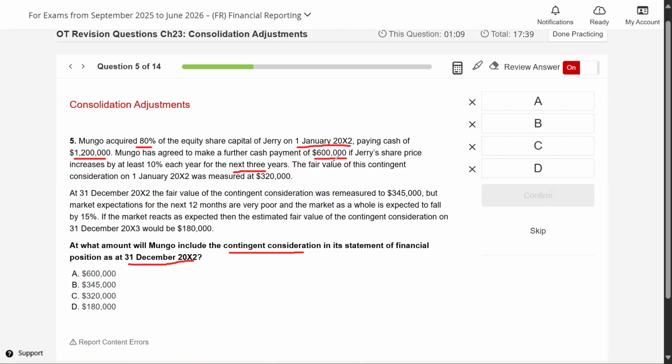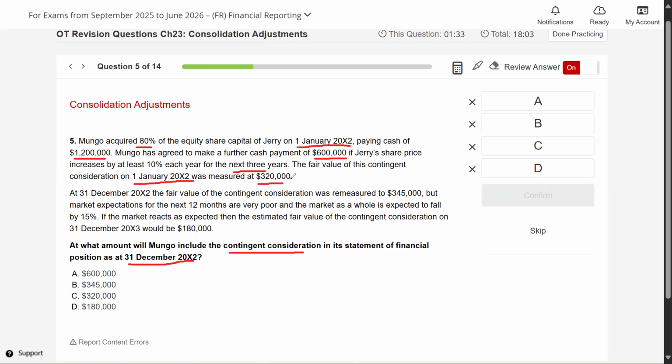The fair value of the contingent consideration at the date of acquisition, 1st of January, was measured at 320,000. So this is when we acquired the company.